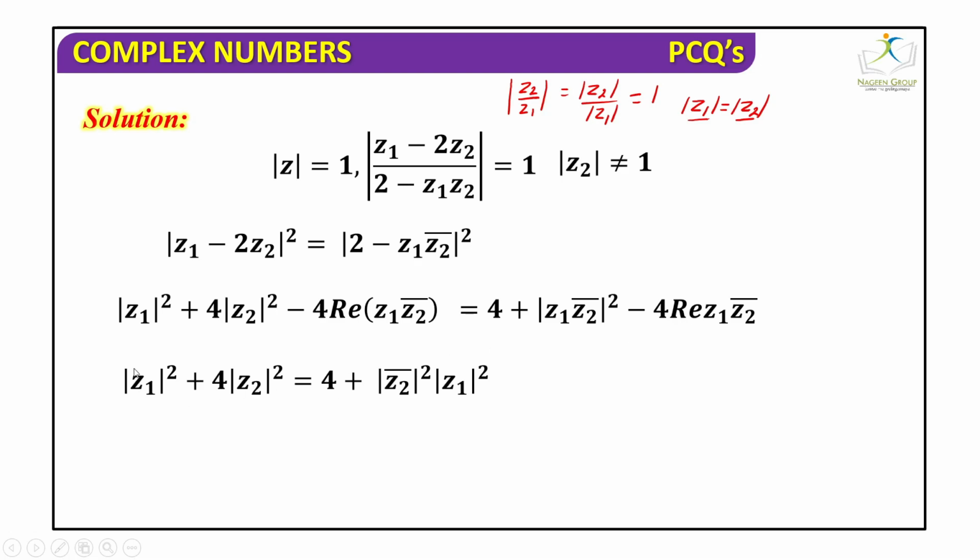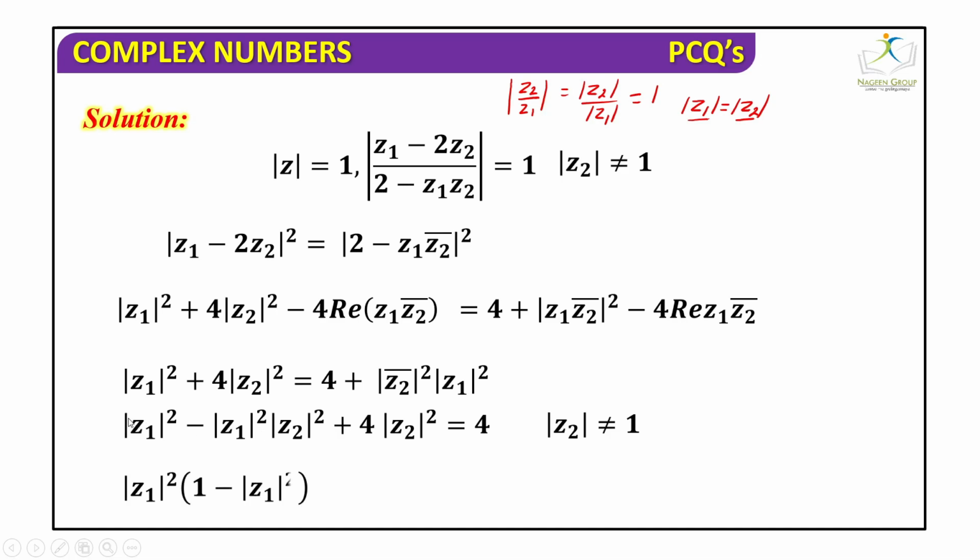From this we can take these terms to that side. So this will be |z1| squared minus |z1| squared |z2| squared plus 4|z2| squared equals 4.